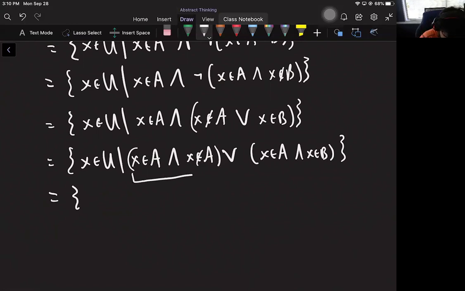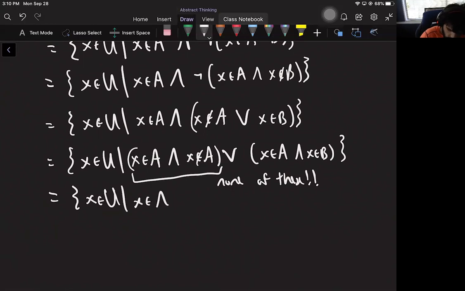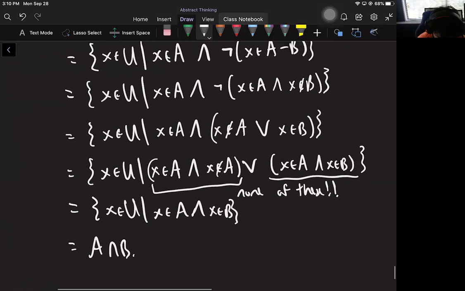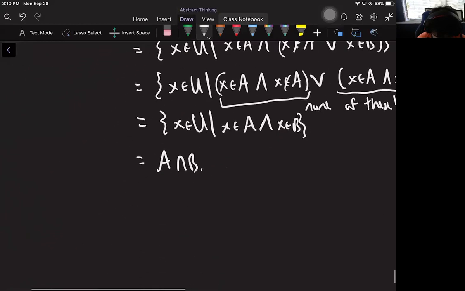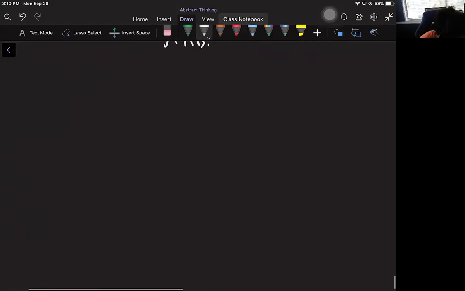There are none, so there's none of these. So really there's nothing in that part. So there's only the stuff that's in A and the stuff that's in B. So just this stuff. Oh, isn't that just A intersect B? Yes, it is. Okay, I think that was a little bit easier that way. All right. That one was a bit hard of a proof.